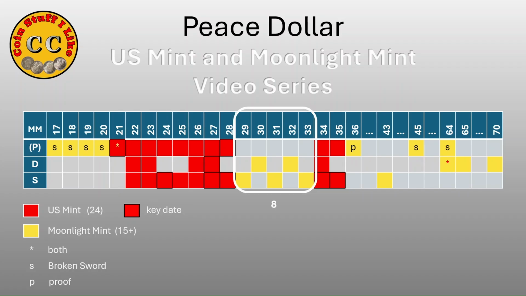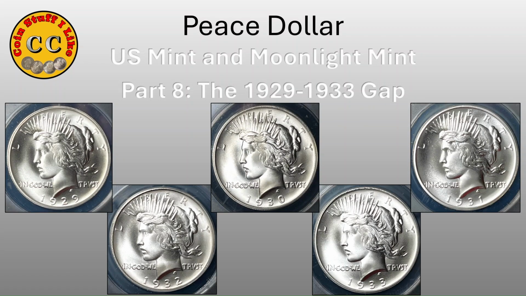This time, though, part 8 is going to be covering this gap that exists in the U.S. Mint production that Dan Carr and the Moonlight Mint fulfilled the fantasy of filling those dates. And he did an outstanding job.